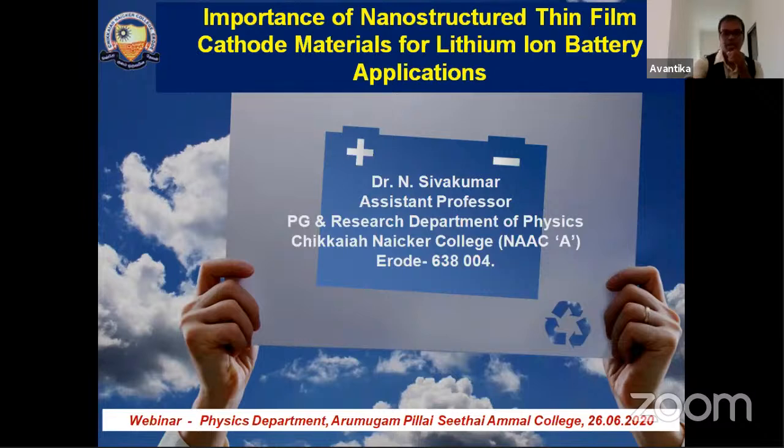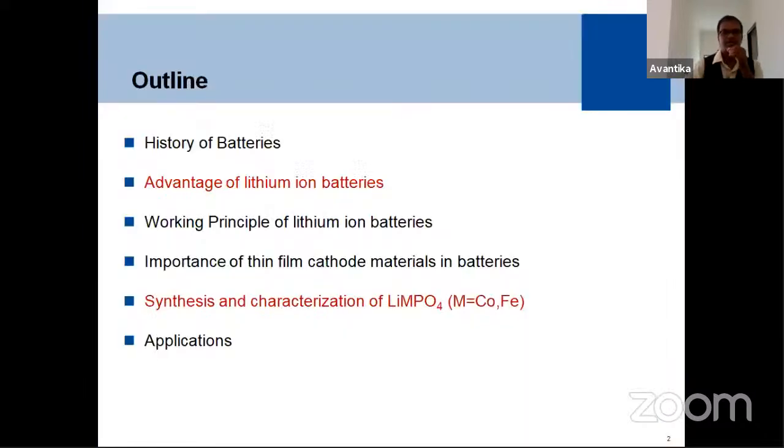So my outline of the talk would be like this. I will tell you the history of the battery and types of battery. And in that battery, I will tell you the advantage of lithium-ion batteries. After that, I will cover the basic working principle of lithium-ion batteries. In that, I will tell you the importance of thin film cathode materials in batteries.